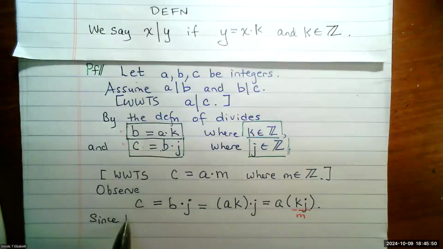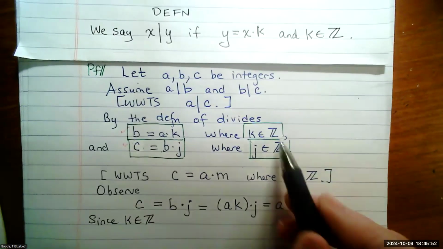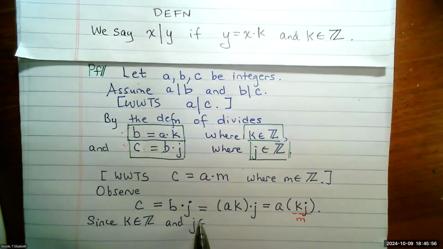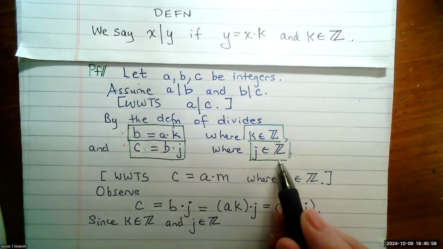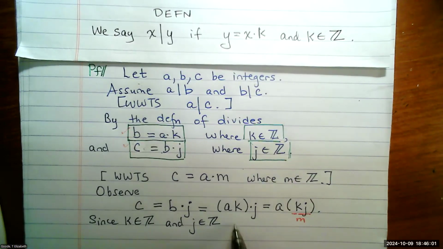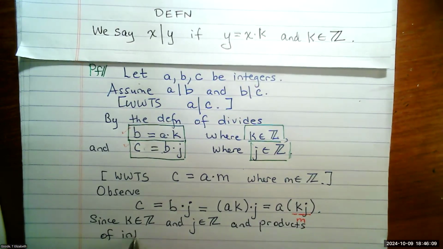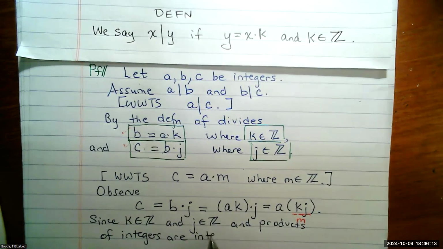Since K is in Z, so we're using this, and J is in Z, so now we've just used the last bit of our proof money. And products of integers are integers. That's one way to say it.